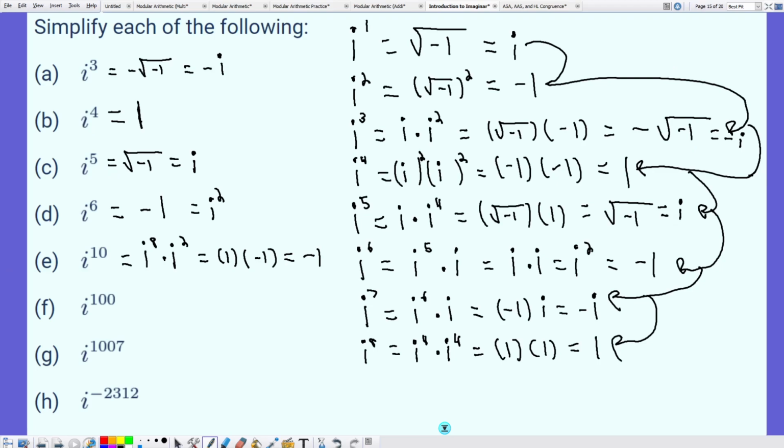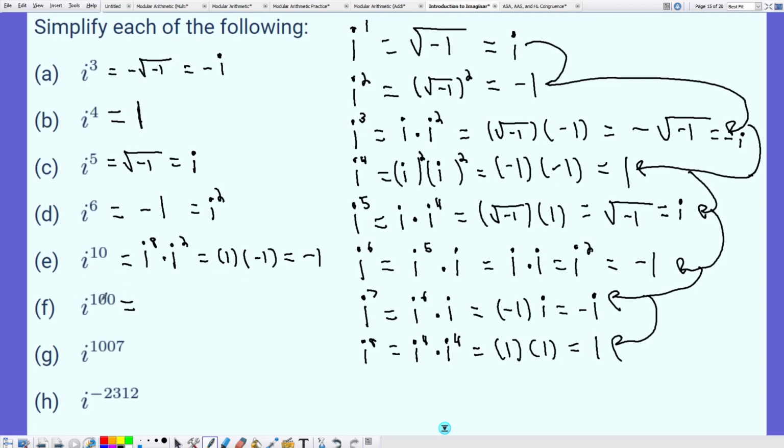Continuing onward, how about i to the 100th? The easiest numbers to work with are like 1, or negative 1. I know i to the 4th is the same as 1, and 100 is divisible by 4.